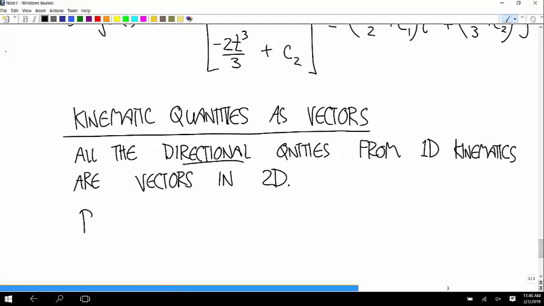So we'll have a position vector, a displacement vector, a velocity vector, and an acceleration vector. Time is still just going to be a positive number.